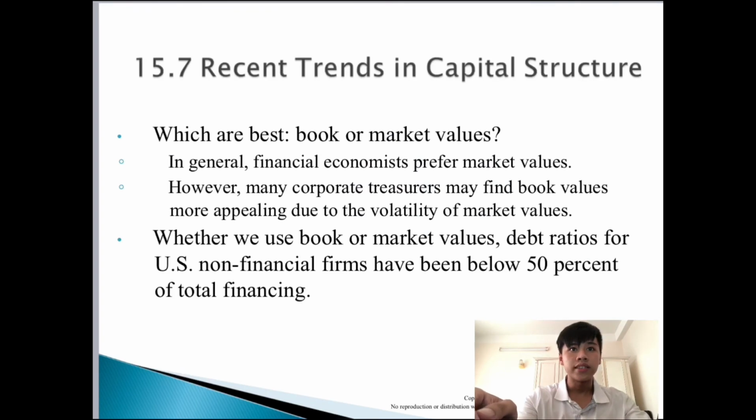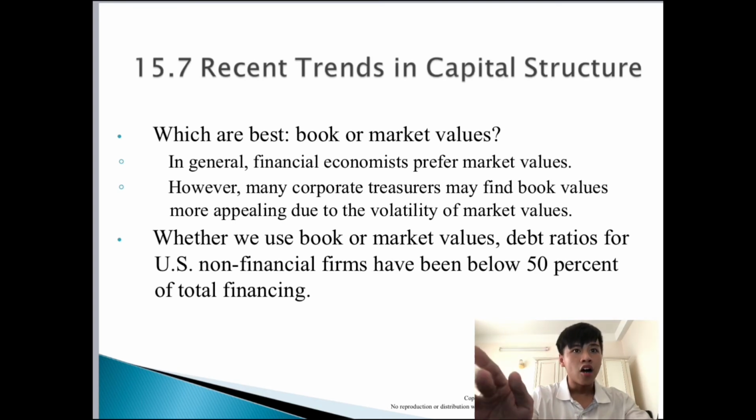We come to recent trends in capital structure, which are the book or market values. In general, financial economists refer to market values when calculating debt ratios, and Chapter 14 indicates that market prices reflect the current information. However, the use of market values does not mean that book values should be ignored.